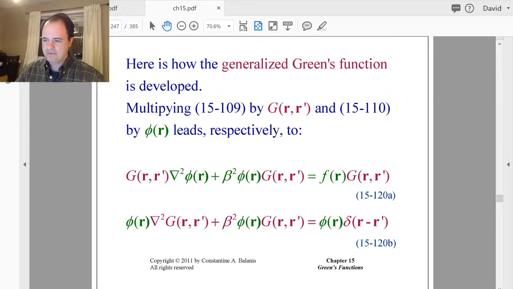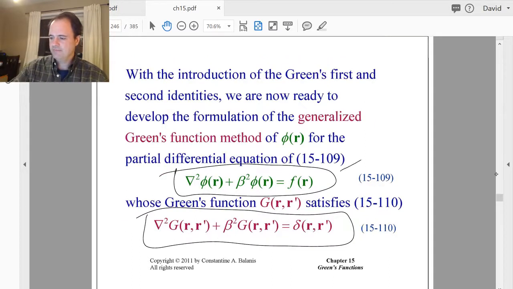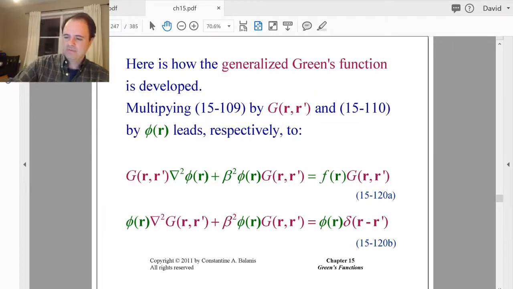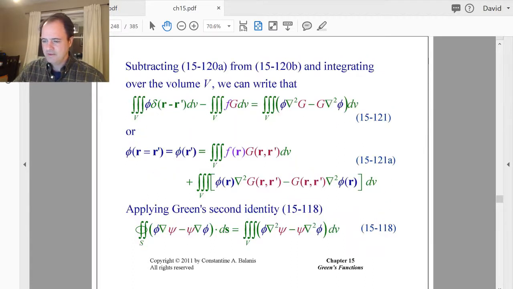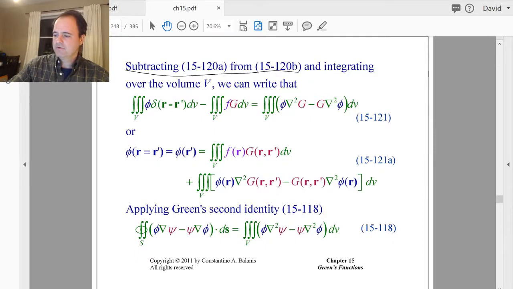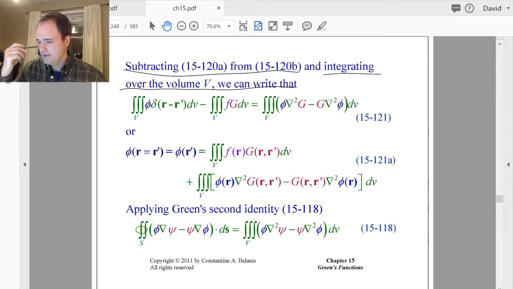So, okay, the approach for this is we have these two equations, right here and right here. To this equation here, we multiply by G, capital G. To this equation, we multiply it by φ. And then we get these two equations here, all right? We are now going to subtract the two, subtracting those two equations and doing the integral all at the same time.